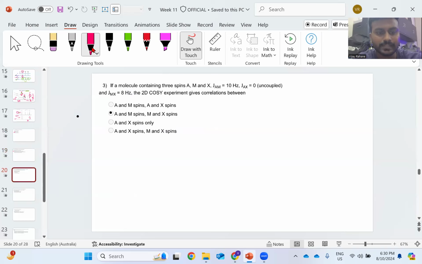The next question: if the molecule contains three spins A, M, and X, the JAM is 10 hertz, JAX is equal to 0, that is uncoupled, right? And JMX is 8 hertz. The 2D COSY experiment gives correlation between which? In this one, as I have shown in an example earlier, this is one of the systems, the molecule I have, right?